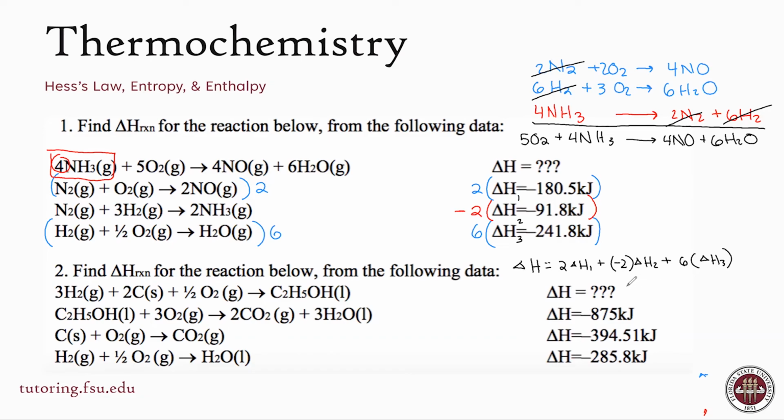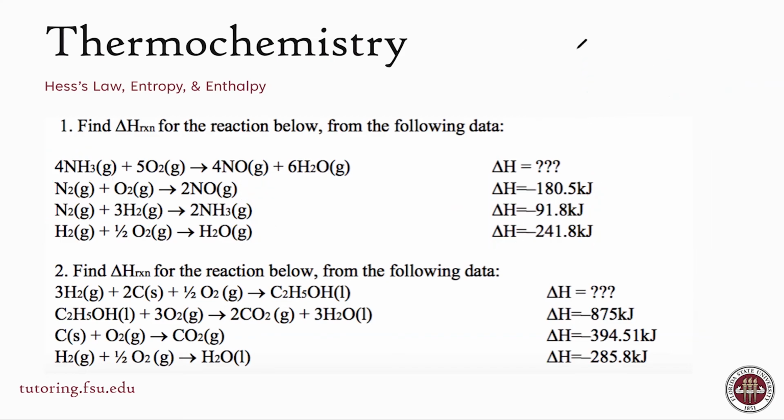And when we plug in our numbers, it's going to be 2 times negative 180.5 kilojoules minus 2 times negative 91.8 kilojoules, plus 6 times negative 241.8 kilojoules. And when we sum those all together, we get our delta H of reaction. And you can try that next one on your own.